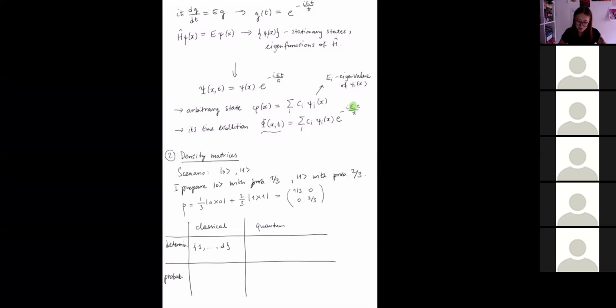We can also introduce the probabilistic version of this classical setting, where we would have a certain probability distribution over the set of possible states from 1 to d, and then the system would be, for example, in the state 1 with probability p1 and so on. And then the state of the system would be characterized by just this vector of the probability distribution.